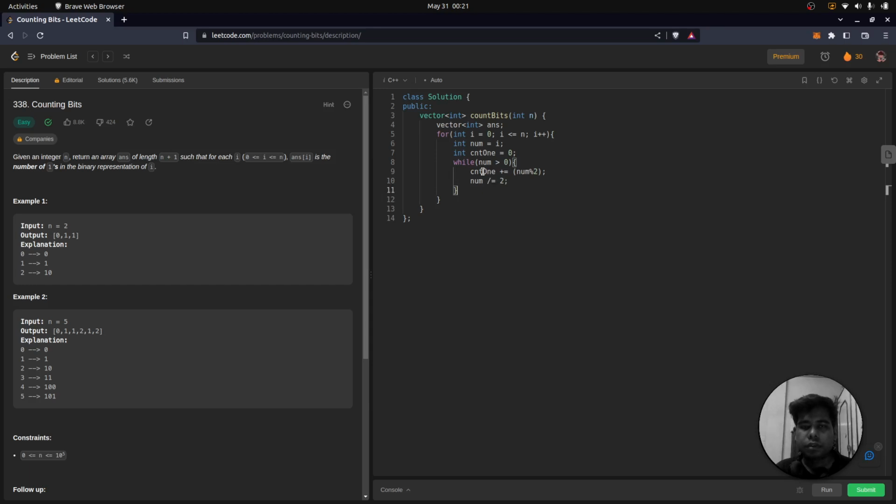Okay, so now your count1 stores the number of ones in the binary form, and then you will just store it in the answer array, and it will have your answer. Okay, now you will return.